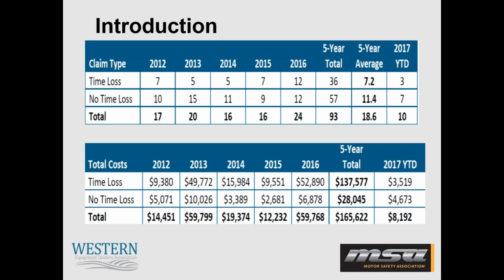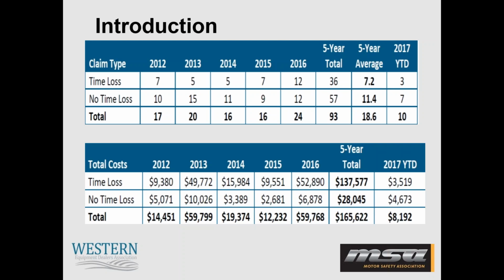Recently, I received this information from the Workers' Compensation Board. When we're looking at our industry over a 5-year period from 2012 to 2016, there were a total of 93 WCB claims involving the failure of lifting devices and stands.